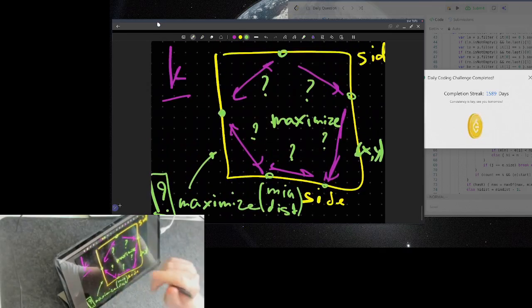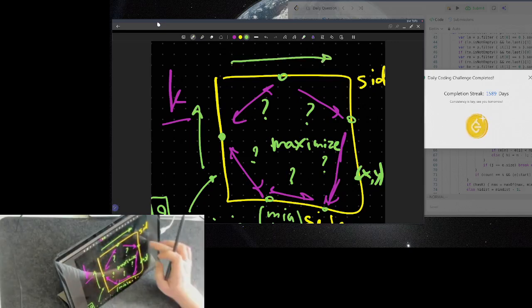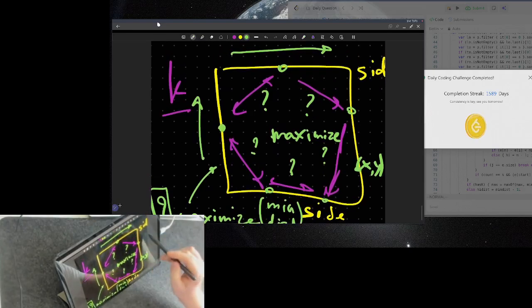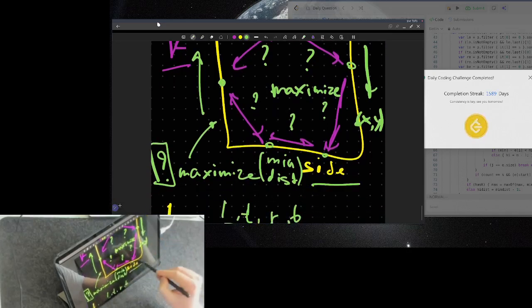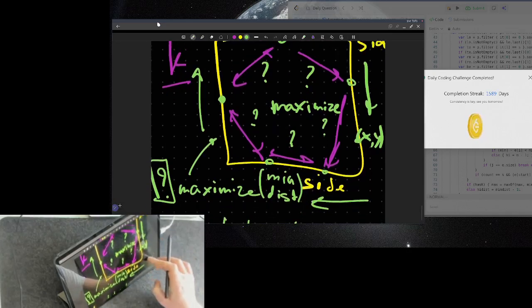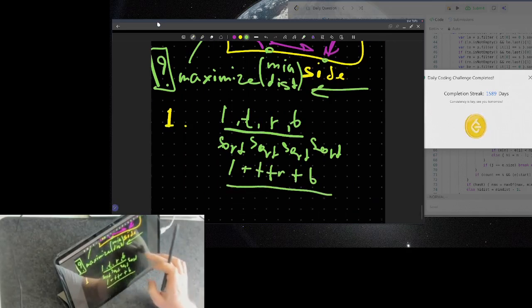For the left you sort in increasing order. For the top you sort by x coordinate in increasing order. For the right by y coordinate in decreasing order, and for the bottom by x in decreasing order. And then concatenate them, left, top, right, and bottom, in a single list.